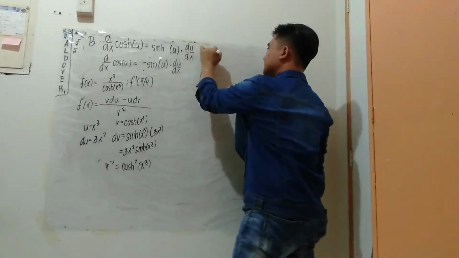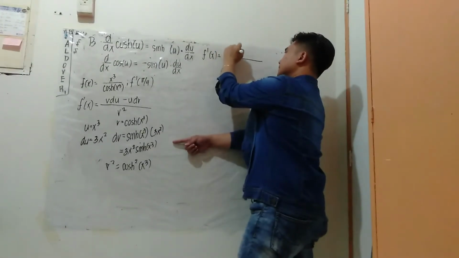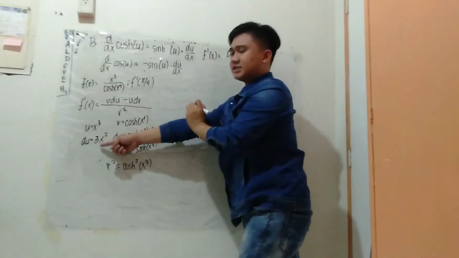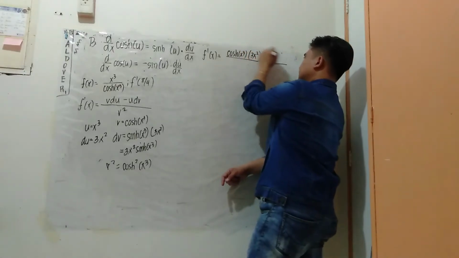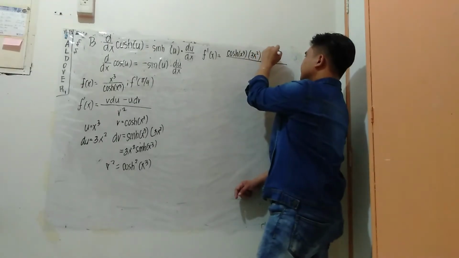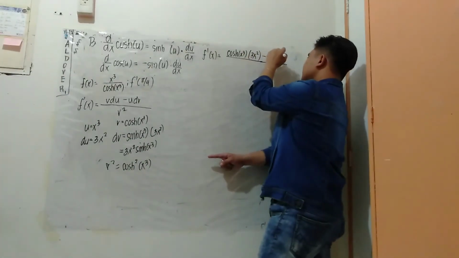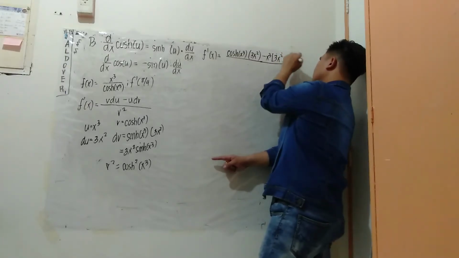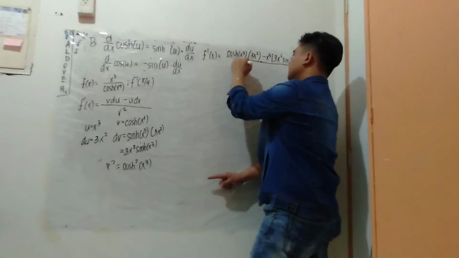So, f prime of x, so that's v, which is cosh x cubed, times du, which is 3x squared, minus u, which is x cubed, times dv, which is 3x squared sinh x cubed, all over v squared, which is cosh squared x cubed.